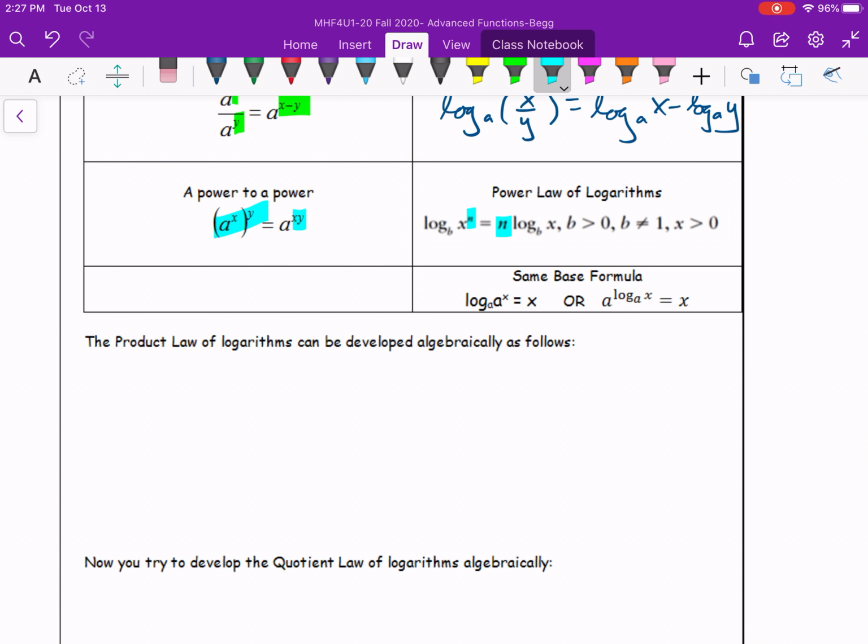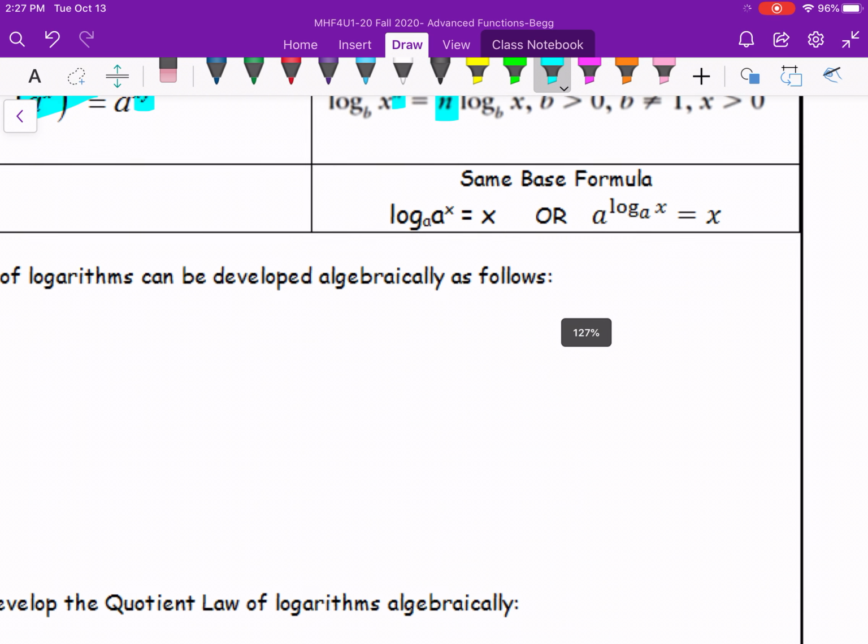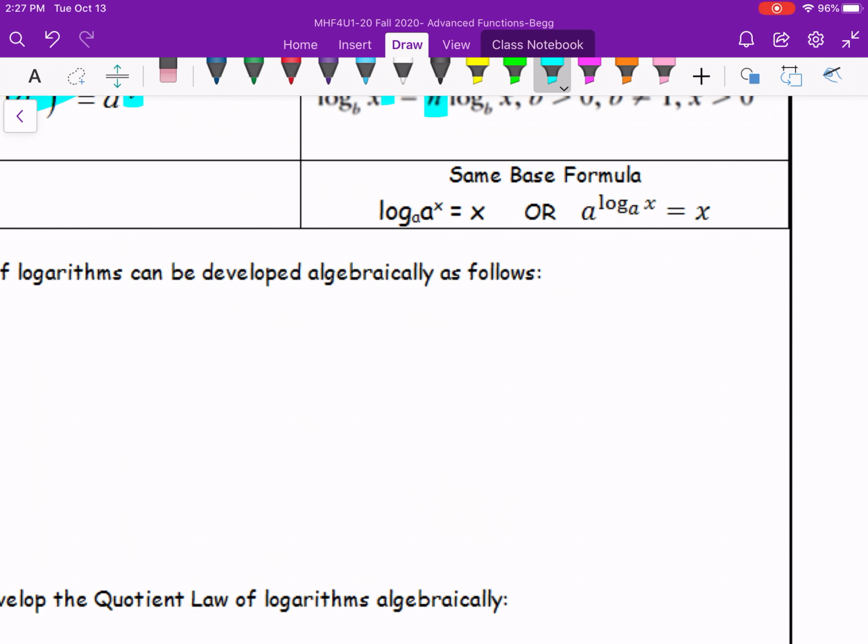And finally, we have what we'll call the same base formula. If we have a logarithm to some base, and then our argument also has a power with that base in it, then remember what we're saying is, what exponent do I have to put on a that's going to equal a to the x? Well, of course, the answer is x.